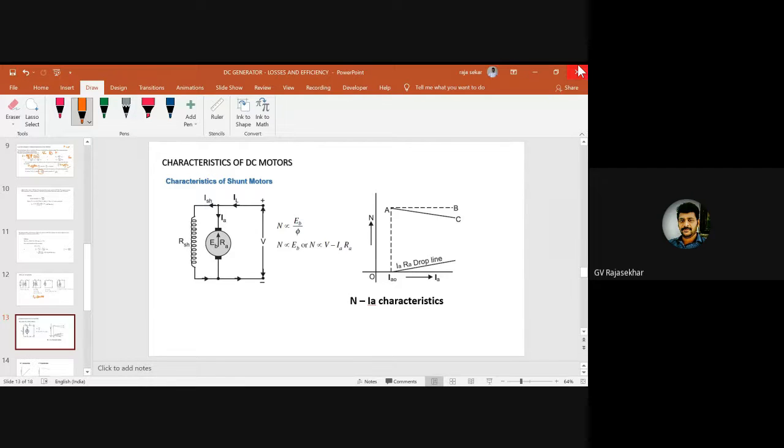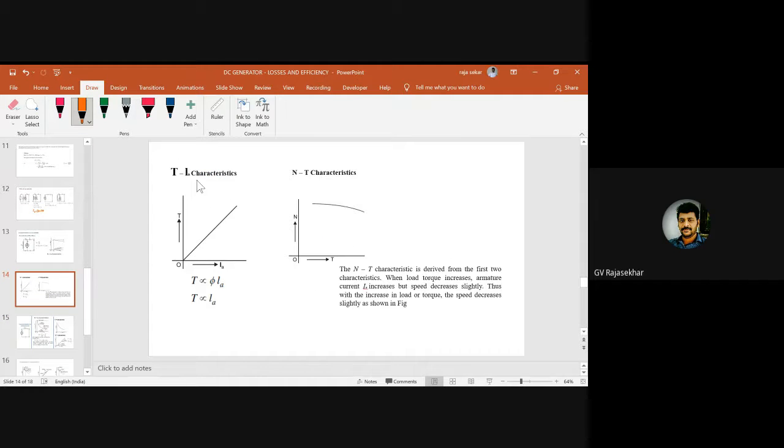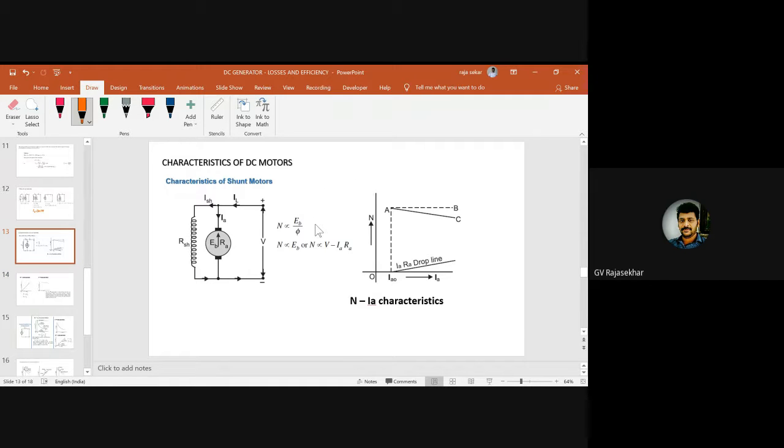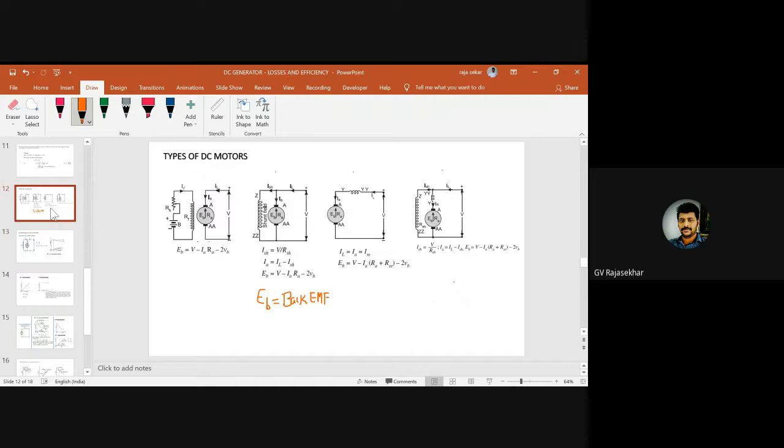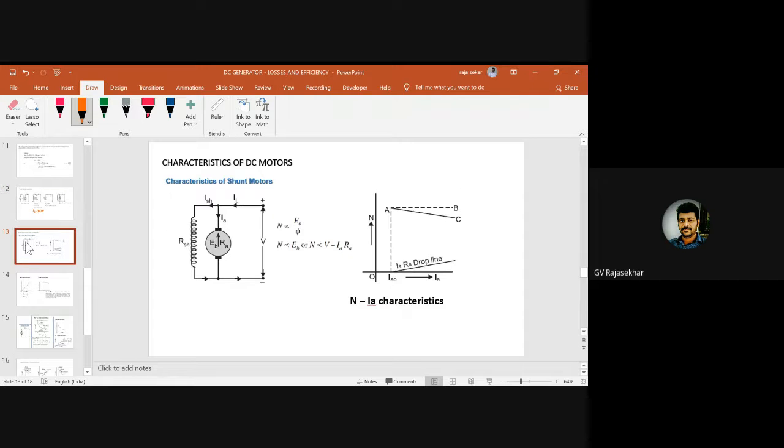Likewise, in a DC motor also, we are going to draw characteristics between speed and Ia. We are going to draw three characteristics: speed and Ia, torque and Ia, and speed and torque. We are going to draw three types of characteristics for all four motors: separately excited, shunt, series, and compound.